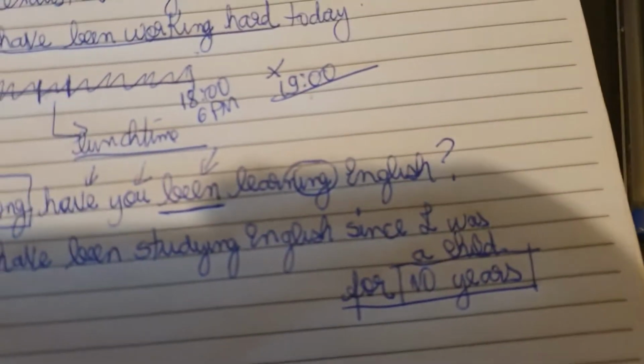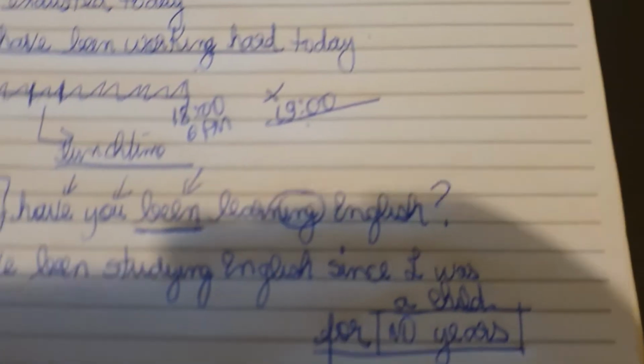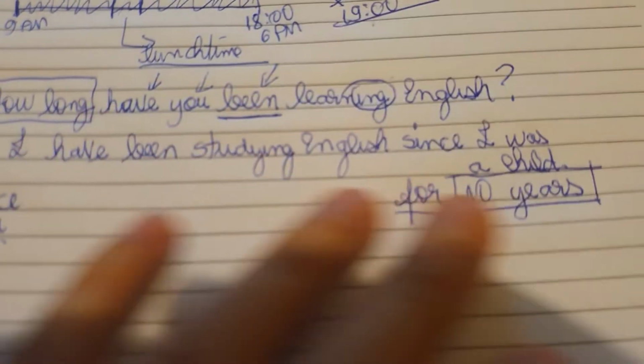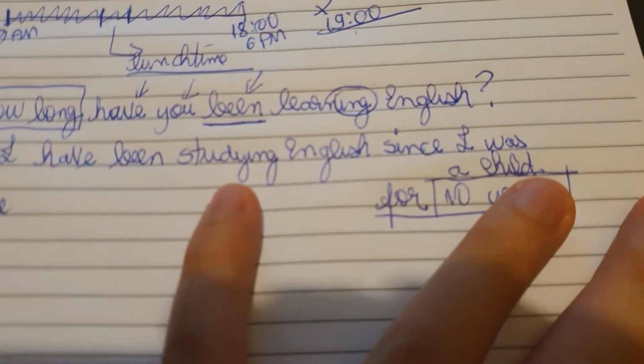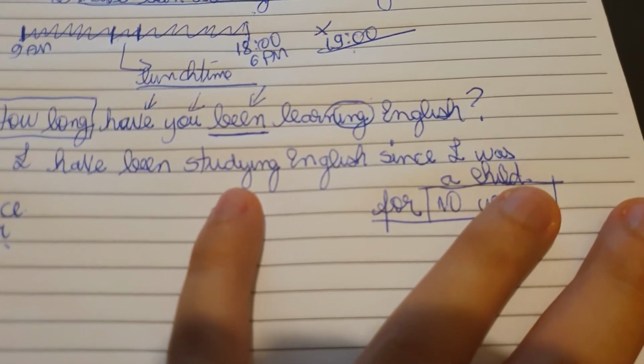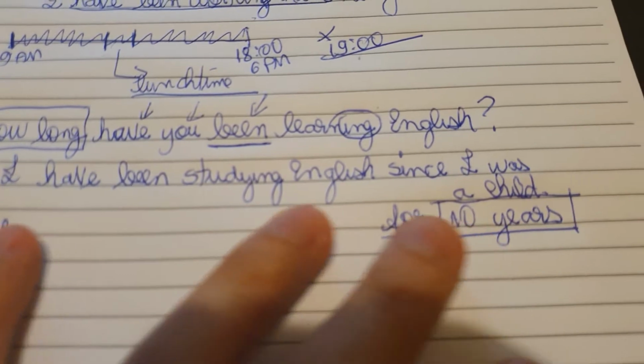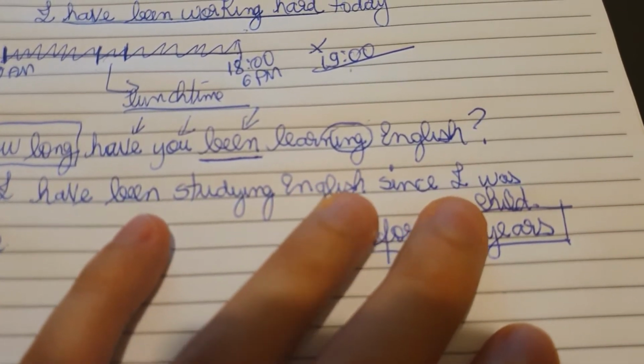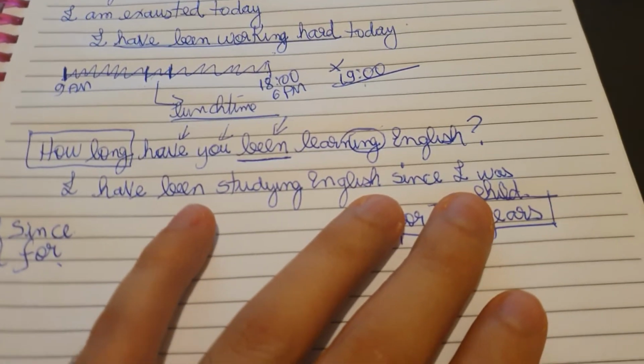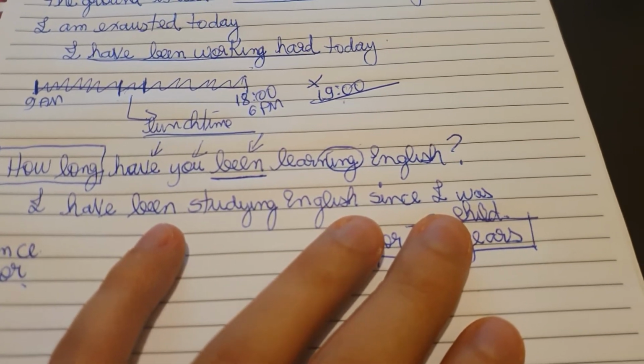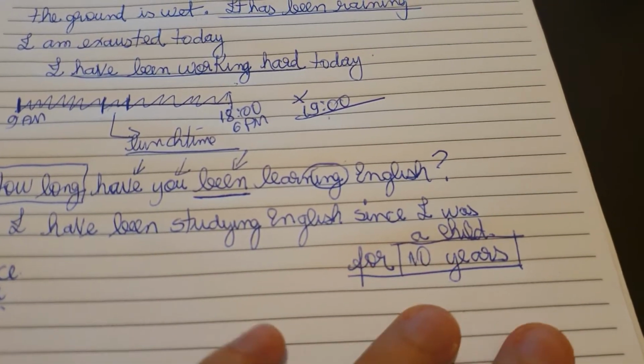We use the present perfect continuous in such situations because the action is still happening. I study English, okay? I still study English even after all this time, ever since I was a child. I haven't stopped studying English.